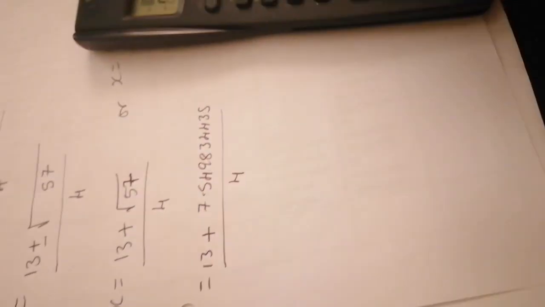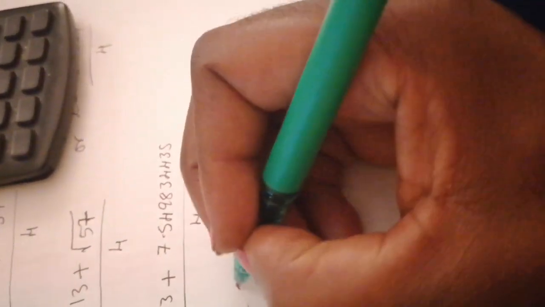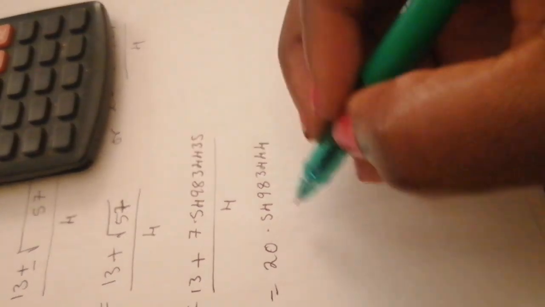So we have 13 plus the square root of 57, giving us 20.54983444, divided by 4.